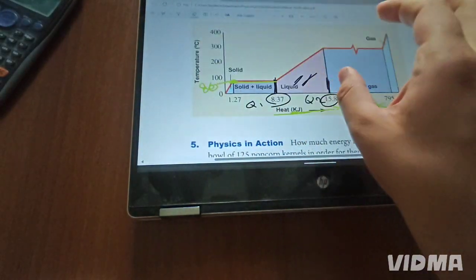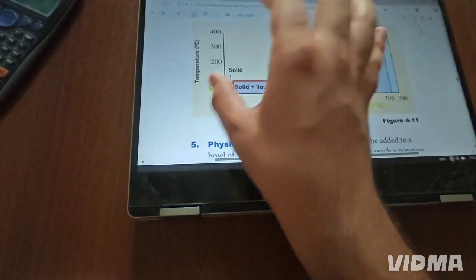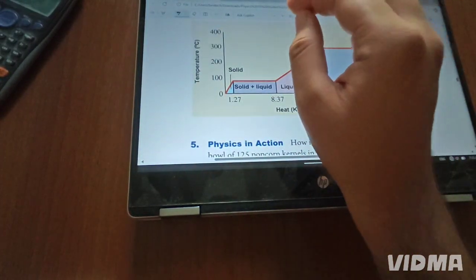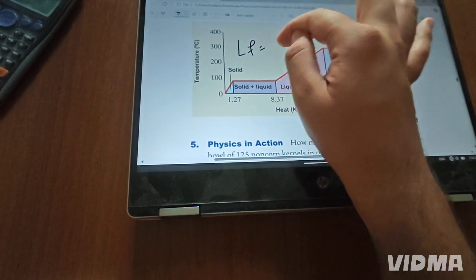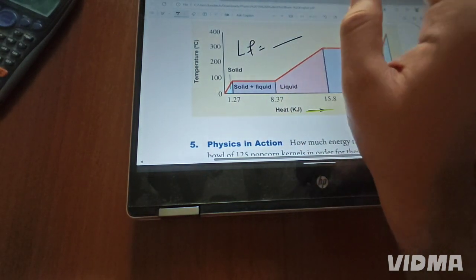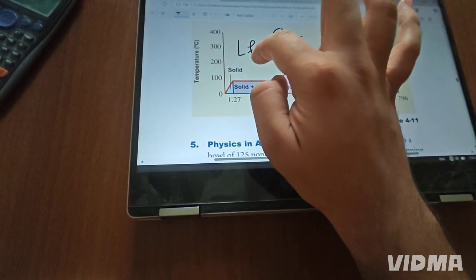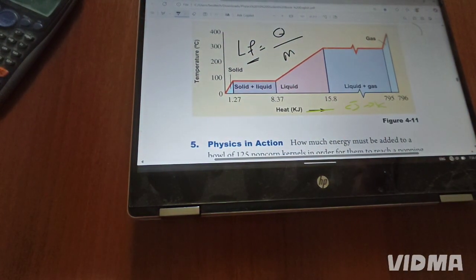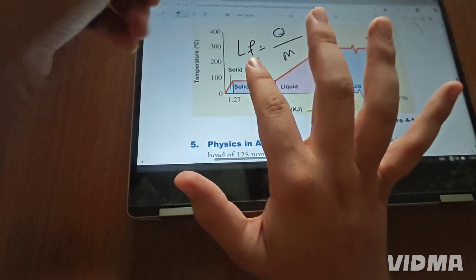Good. This is a nice and good question. Look, latent heat of fusion, L_F, is equal to Q over M. Maybe you are confused, mister. I have to pick which region.